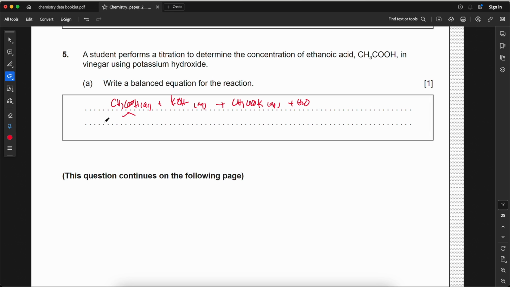This is CH3COO minus and H plus, this is K plus and OH minus. So you can just add K right here, because the positive ion will combine with the negative ion, and H plus and OH minus will form H2O. This will be liquid.